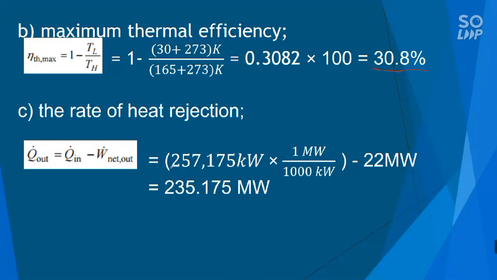So that is equal to 257,175 kilowatts multiplied by 1 megawatt over 1,000 kilowatts, minus 22 megawatts. Solving all these equations, we get 235.175 megawatts. So our heat rejection is equal to 235.175 megawatts. This is our final answer.